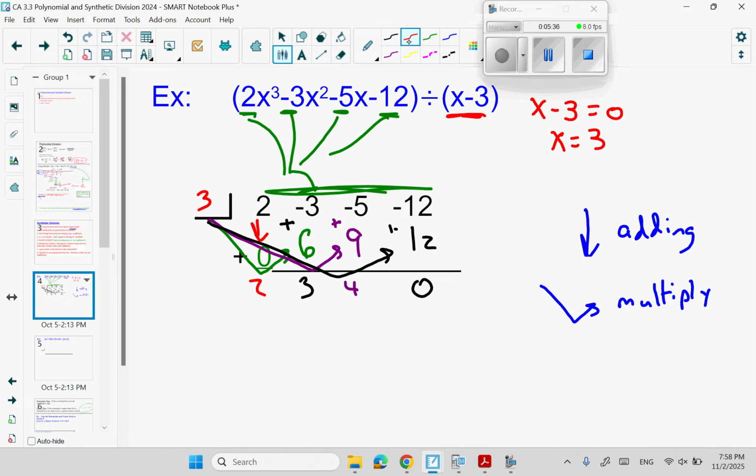The last box is always our remainder box. The second to last box is my constant. The third to last is my x value, and this is my x squared, etc. Always just go up one exponent value. One thing you should note is you should always go down one degree.